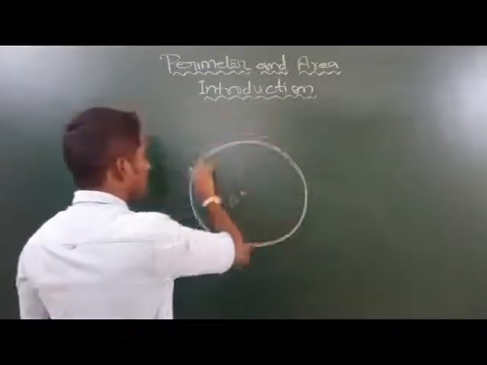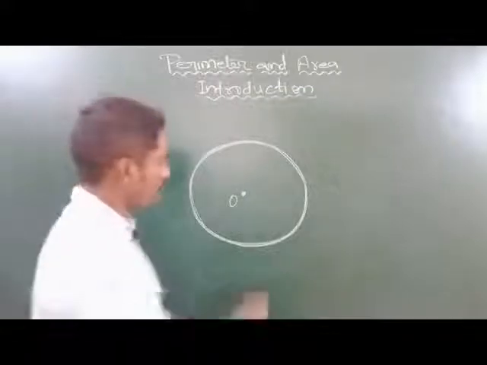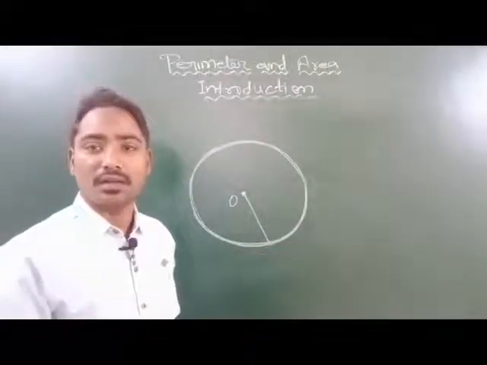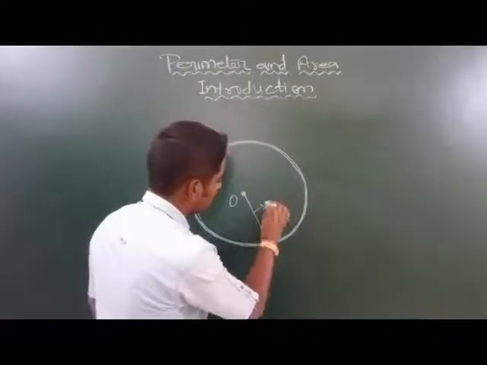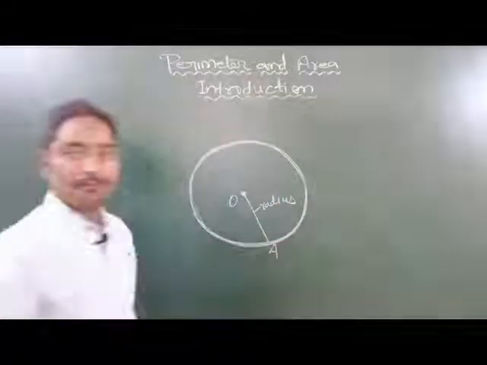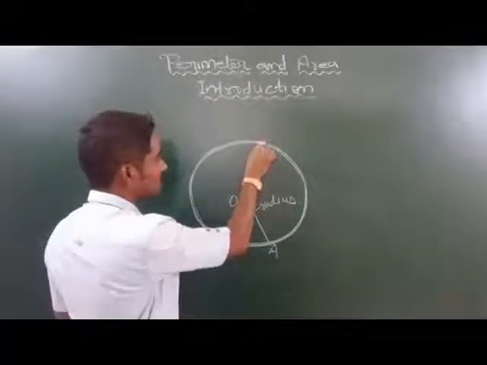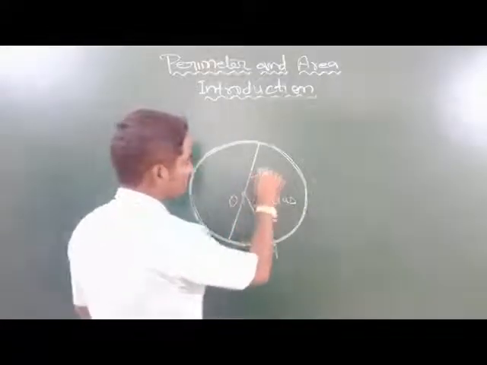Now whenever we drop any line from the center to the circumference of the circle, we call it a radius. Suppose this is point A. Whenever any line passes through the center of the circle, this is known as a diameter, students.